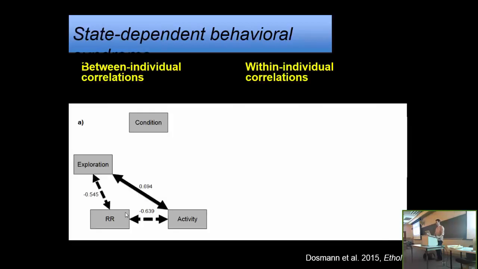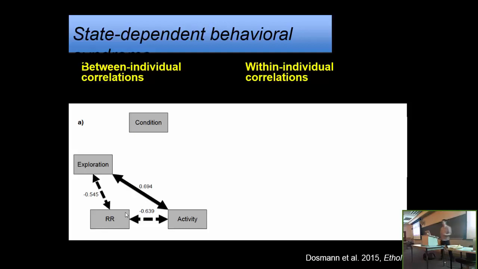Now, if we look at the correlations, at the between individual correlations, we see that for the behaviors, there are significant correlations between activity and exploration. This RR is response to restraint. The dashed lines indicate a negative correlation, whereas the solid line indicates a positive correlation.